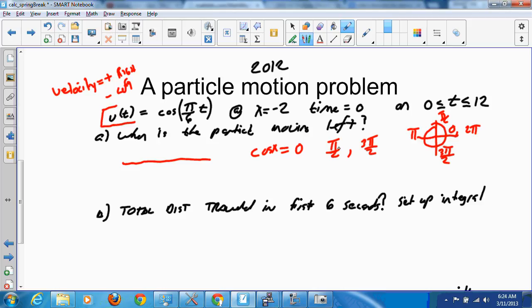Alright, so how do we get this pi over 6 times our variable t to equal pi over 2? Well, if t is 3 seconds, 3 over 6 reduces to 1/2.